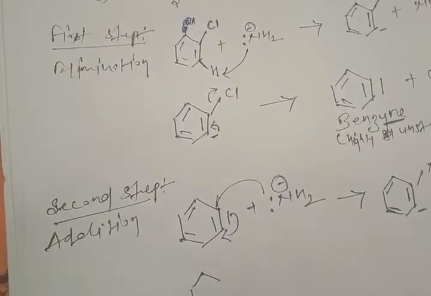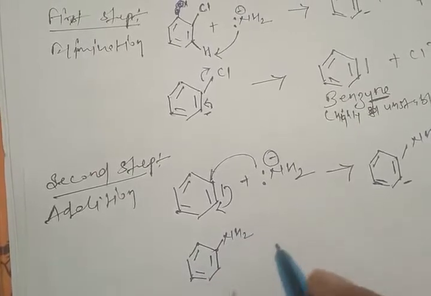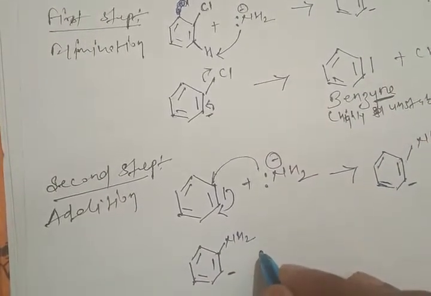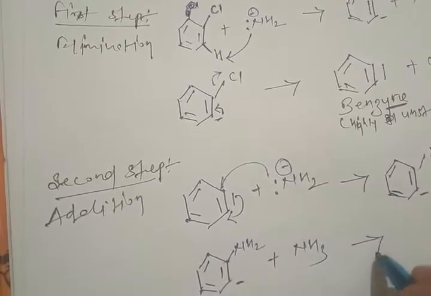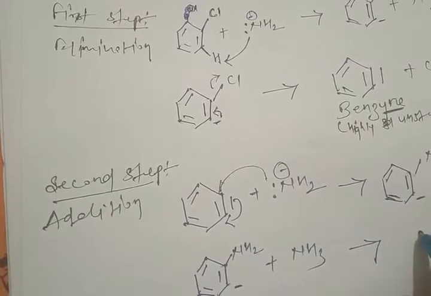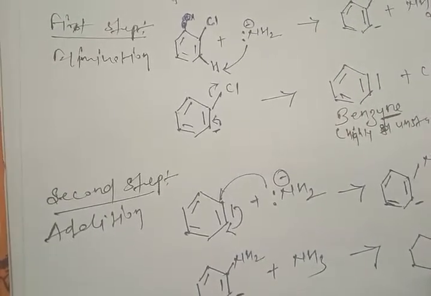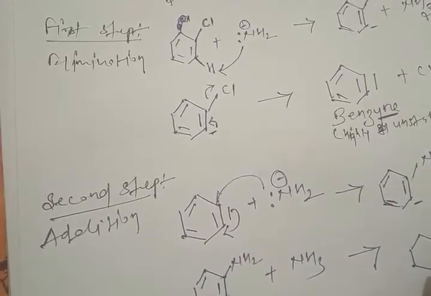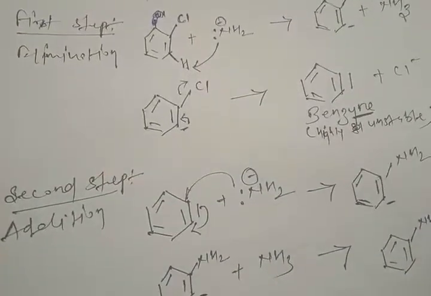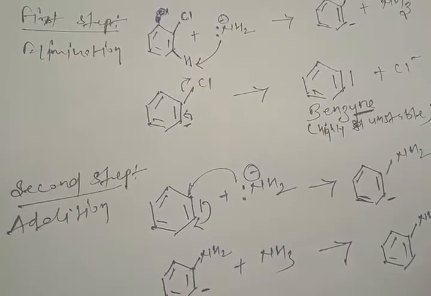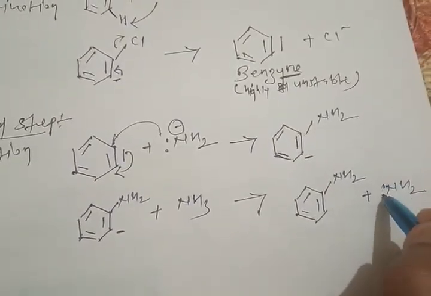And then in the second stage, NH2 negative plus now the ammonia, this ammonia will again react, so this will give you NH2. So this will give you a negative charge again here.